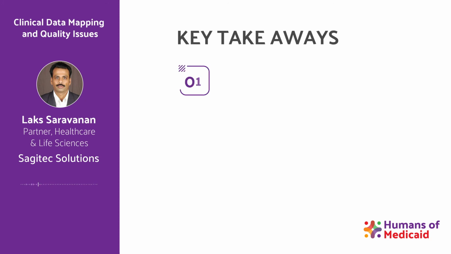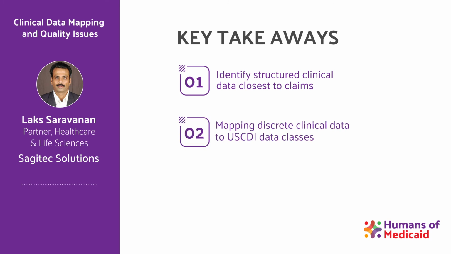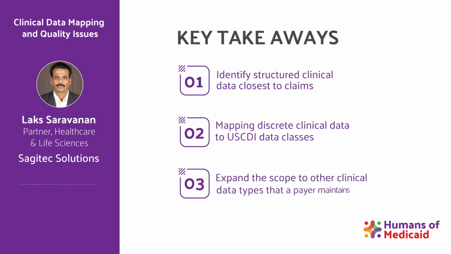First, the payers would focus on the structured clinical data, the clinical data which is in a more structured format, which they have obtained from the providers. They would make that available as FHIR resources. Subsequent to that, they will expand on the different types of clinical data that are available from one or many systems.